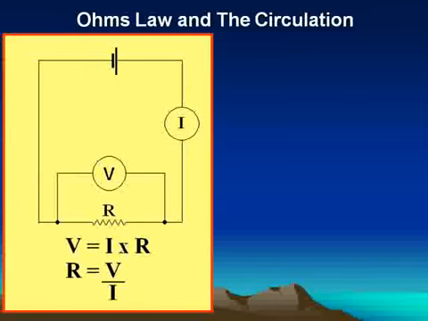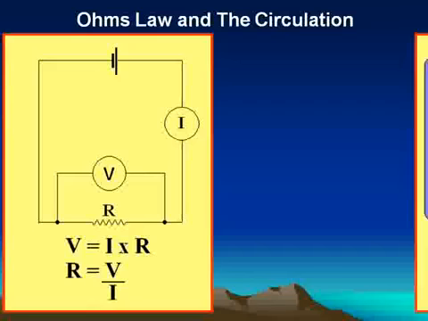When you were at high school, you probably did this simple experiment with a battery, an ammeter, a voltmeter and a resistor. And when you hooked up the wires and measured the voltage and current, you proved Ohm's law, that the voltage across the resistor was proportional to the current times the resistance. The resistance could also be calculated from the voltage and the current. Easy.